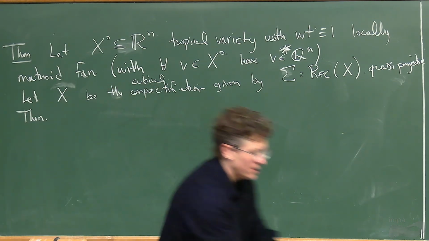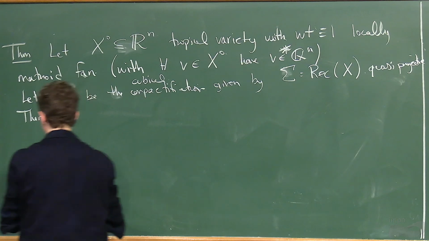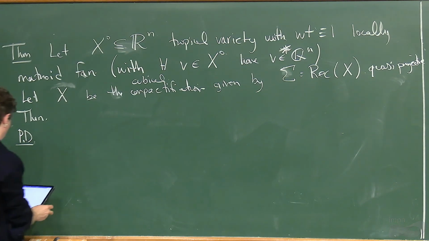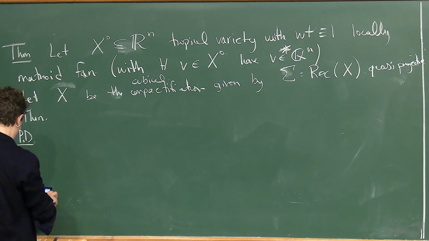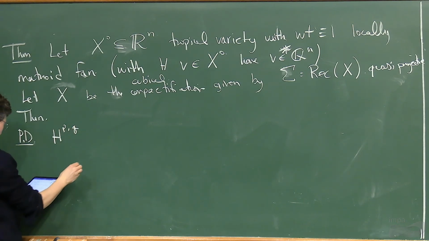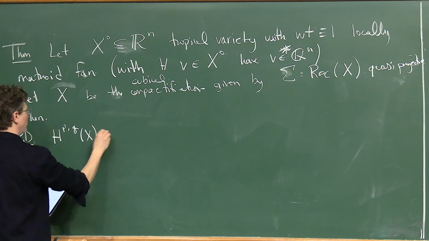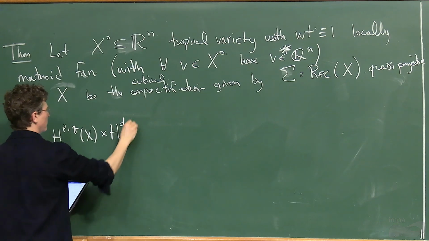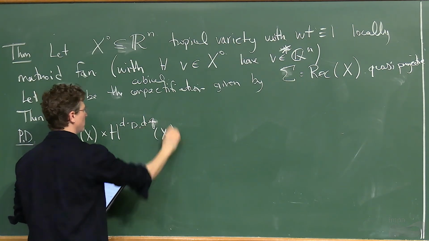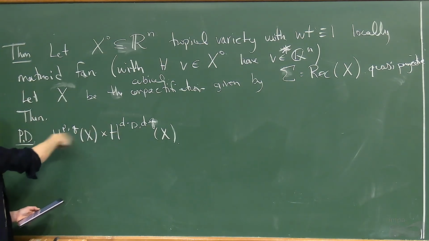Okay, then we have Poincaré duality. Poincaré duality is going to be a pairing between complementary graded pieces.